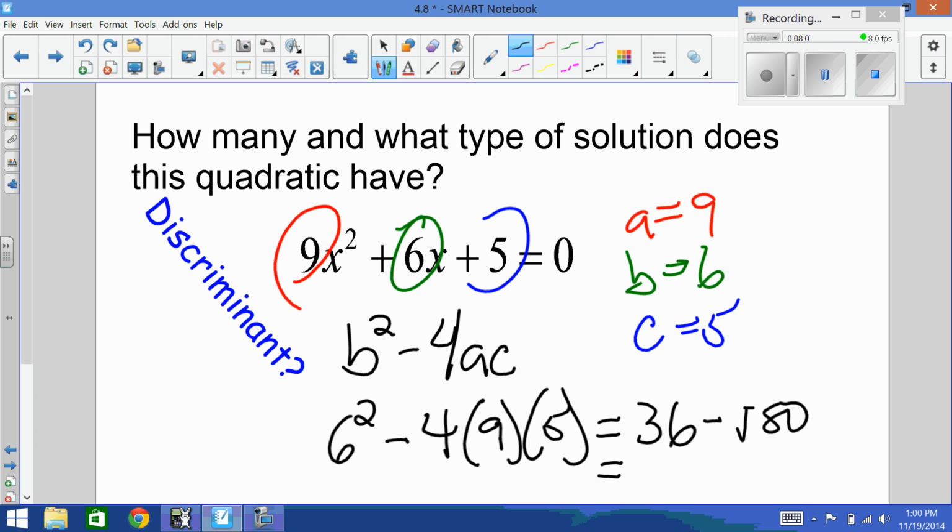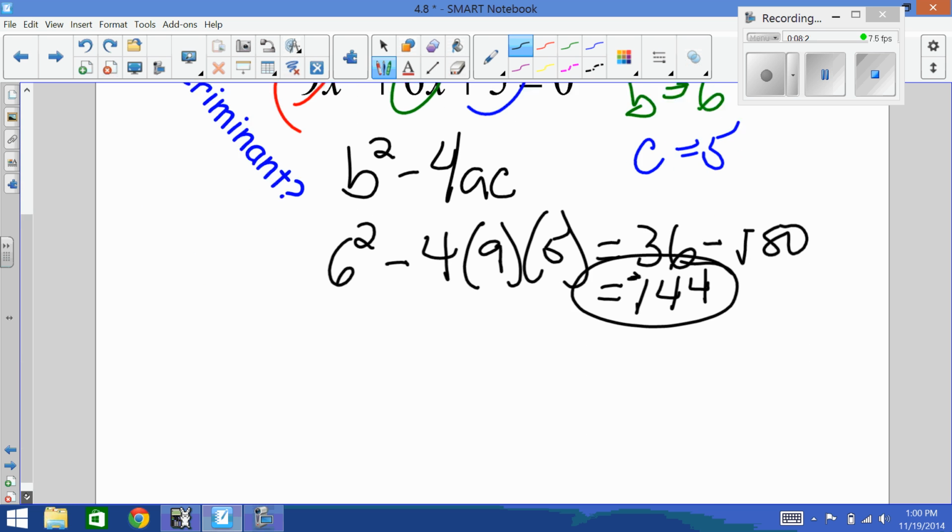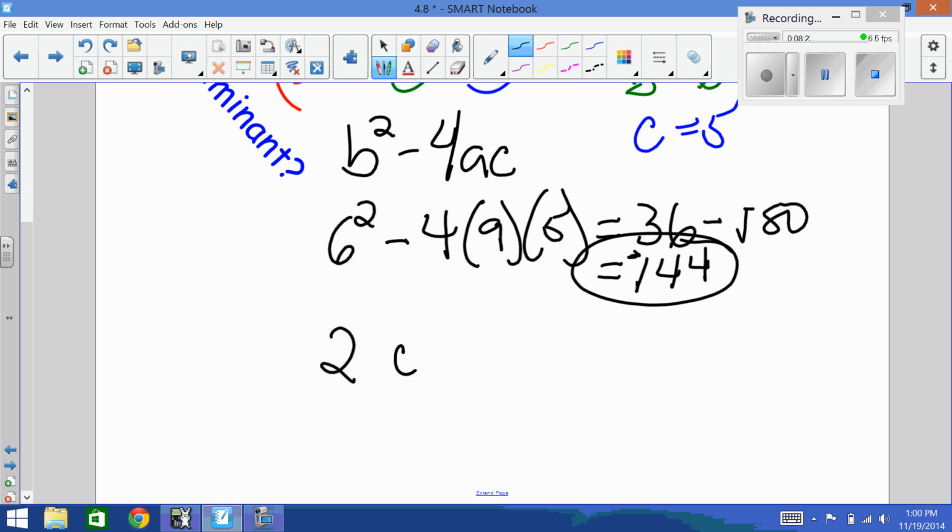So 36 minus 180 is negative 144. Since it's a negative, that means it's less than 0. So that means I have 2 complex solutions.